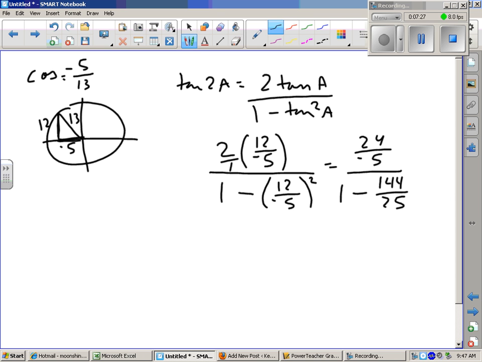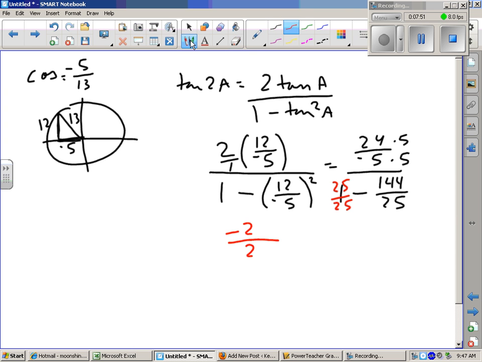Now my advice is to change all the denominators to the same thing. So I'm going to multiply this by 5, and I'm going to change this 1 to 25 over 25. When you do that, now the top is negative 24 over, nope, I take that back.